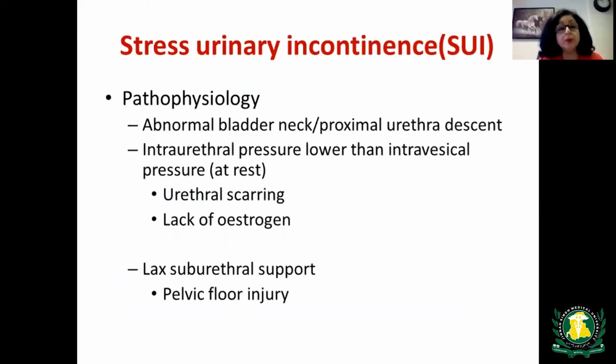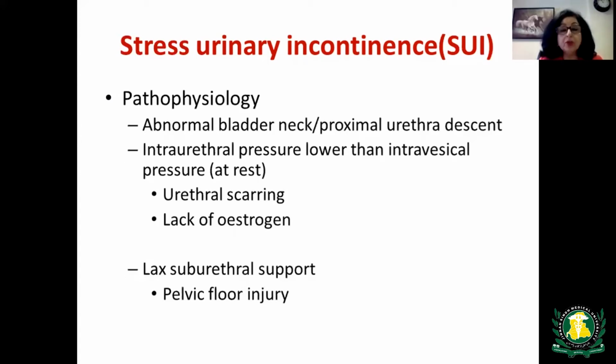So what is the pathophysiology? As I've already mentioned, stress urinary incontinence results from structural or anatomical damage. What happens in the structural or anatomical damage is that there is a descent of the bladder neck or proximal urethra. So normally, in order for women to stay continent, certain forces are acting around the pelvic floor.